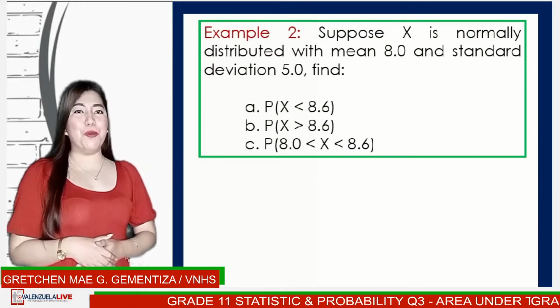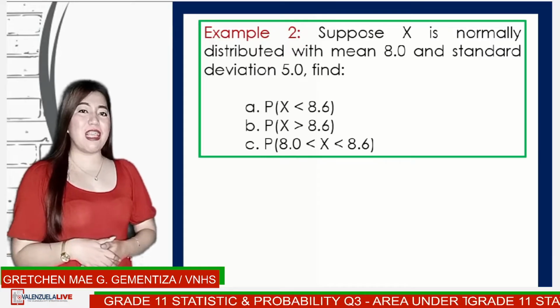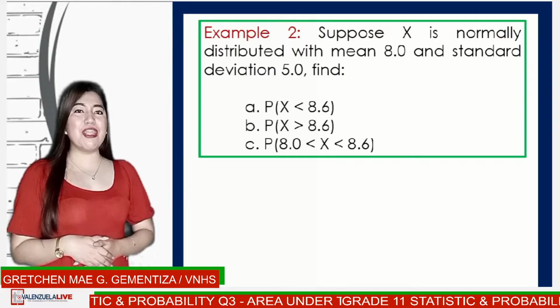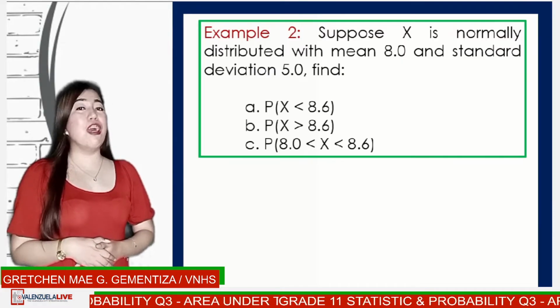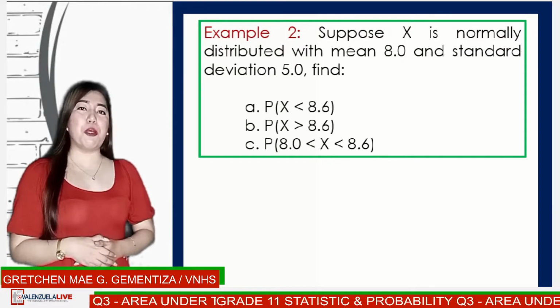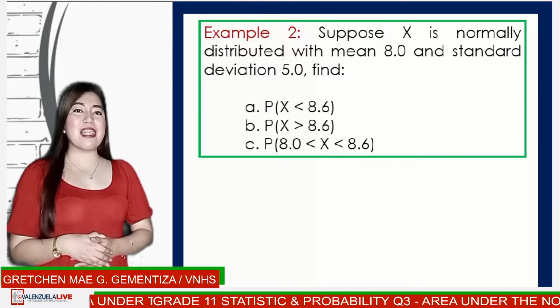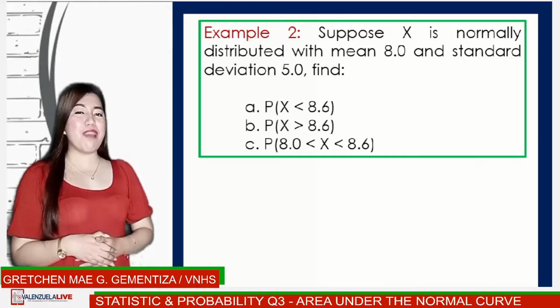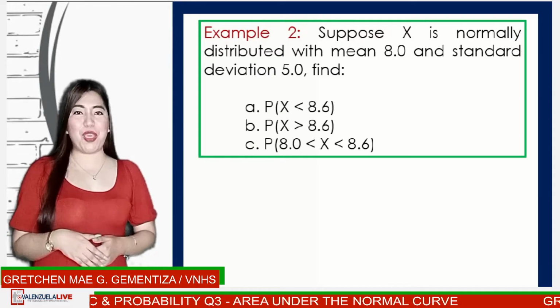Example number 2. Suppose x is normally distributed with mean 8 and standard deviation 5. Find A. The probability of x less than 8.6. B. The probability of x greater than 8.6.